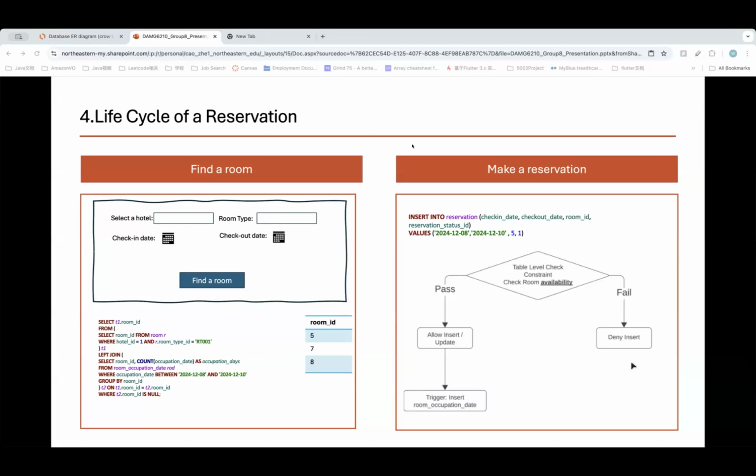And then we will have to let this customer change to another room and book it for his future stay.